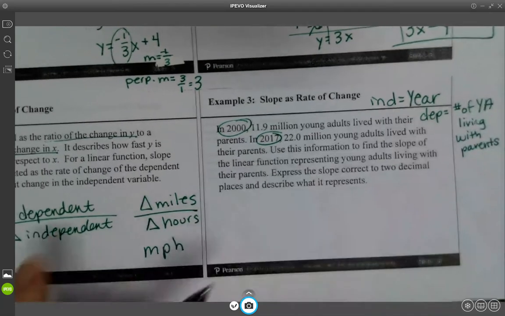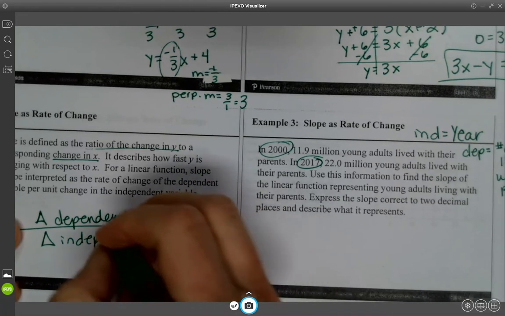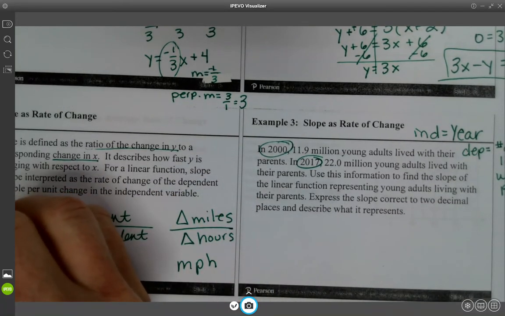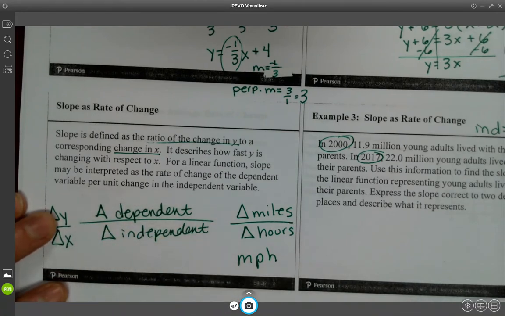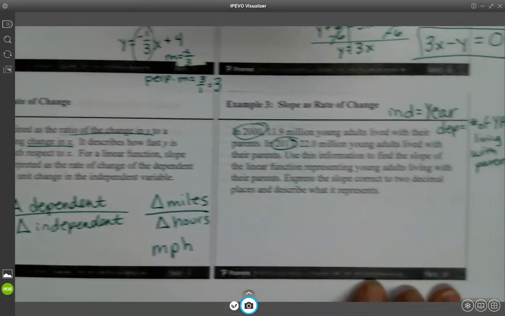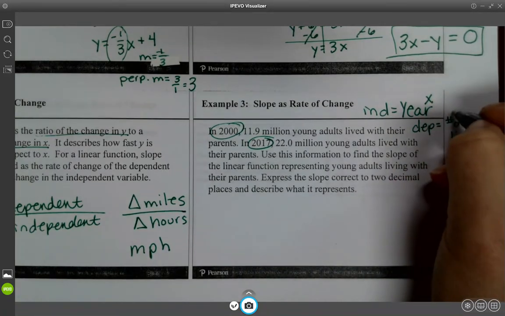Remember we wrote it when we first started talking about slope. We did change of y over change in x, because y is your dependent, x is your independent variable. So year would be x, dependent would be y.